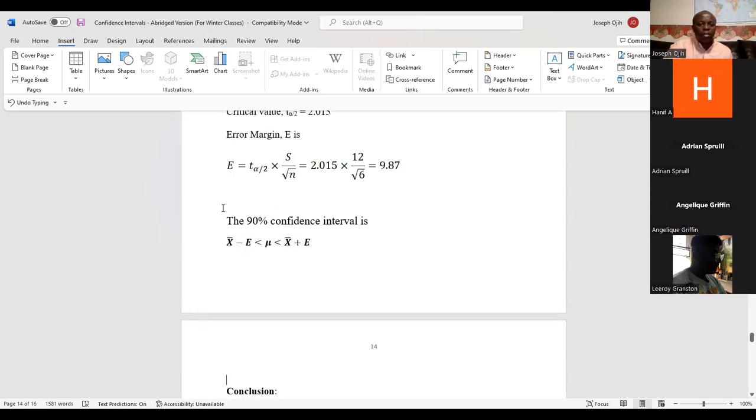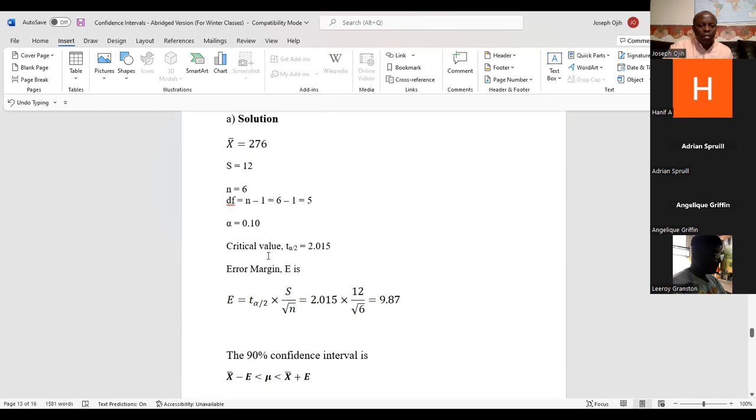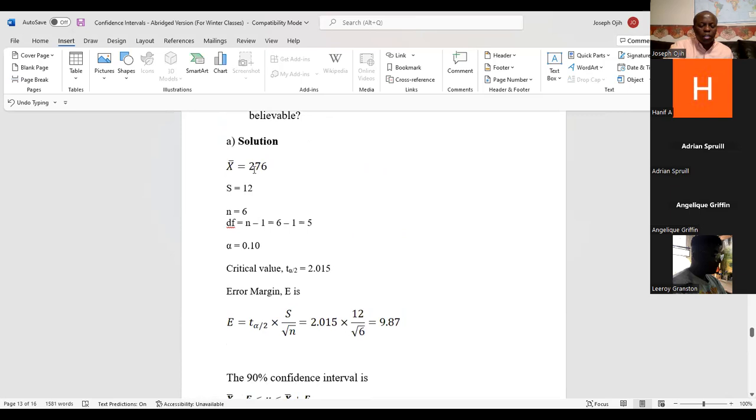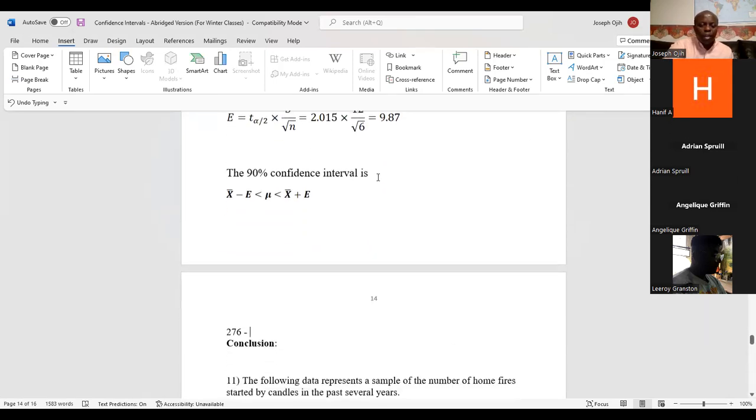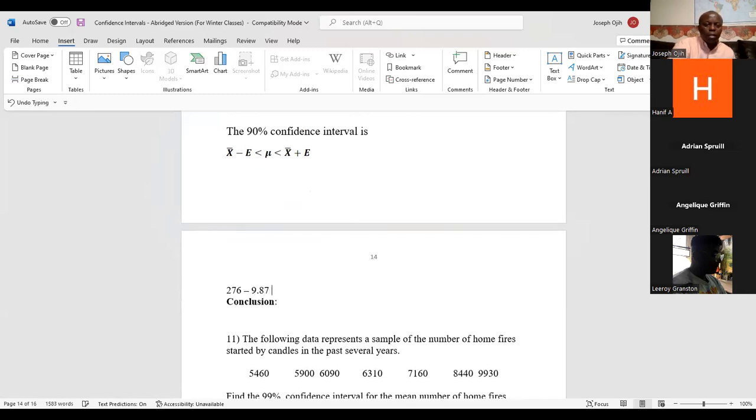So we have X bar is 276, minus error, and our error is 9.87, less than the mean, which is what we are trying to estimate, and then less than X bar, which is 276 again, plus error of 9.87.